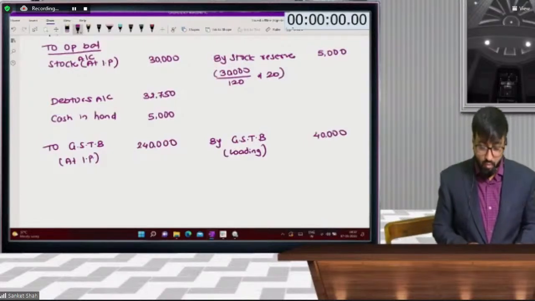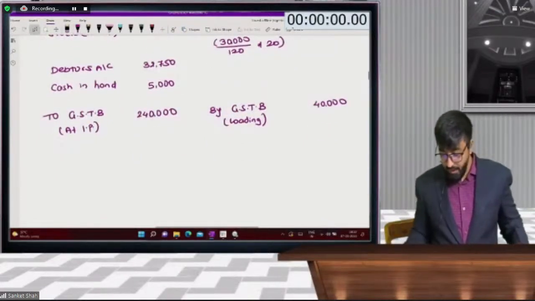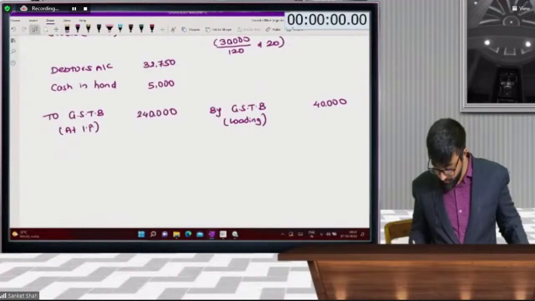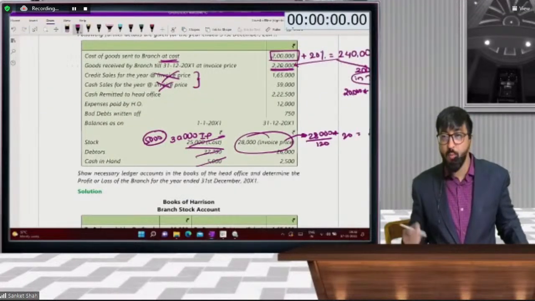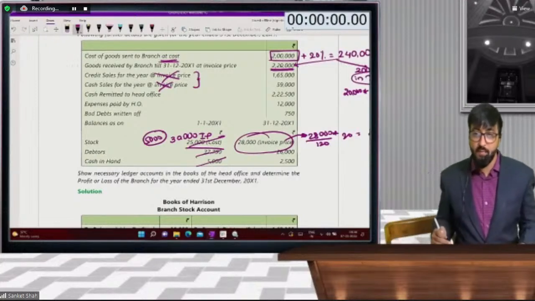To GSTB 2,40,000 and by GSTB loading is 40,000. And 20,000 we will post afterwards in stock, including transit. Okay. So we'll post it, but afterwards.